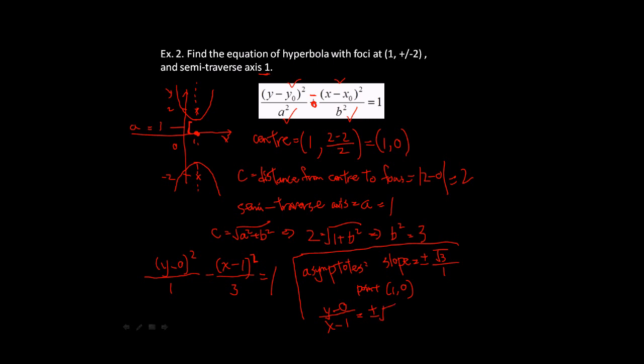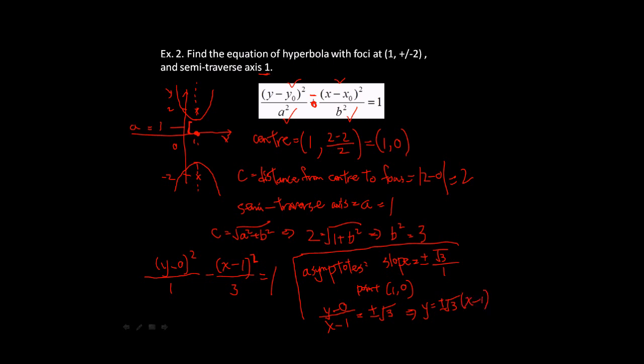The slope is plus or minus root 3. So if you want to write it more elegantly, you have something like this.